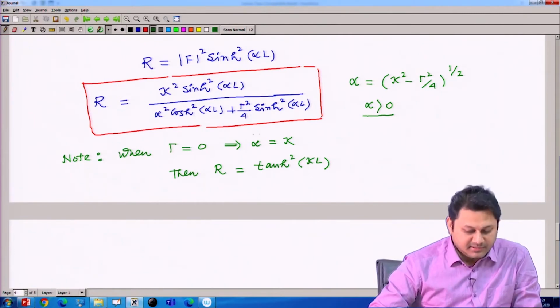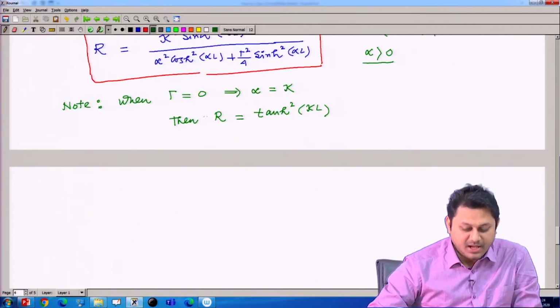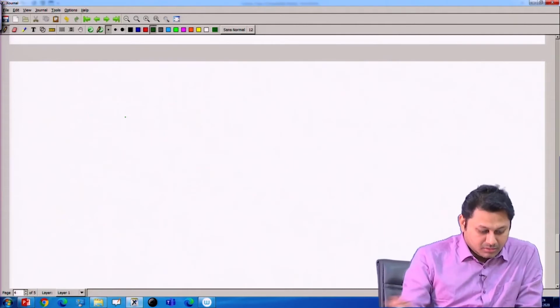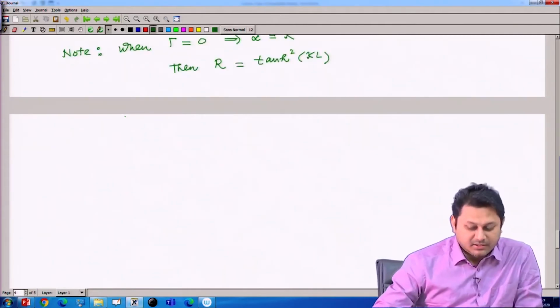Here this is a general expression. In this general expression, when you put gamma equal to 0, the second term in the denominator will not be there, and alpha will be replaced by kappa as gamma is 0. So eventually we have R equal to tan hyperbolic square kappa L, which is the reflectivity under the Bragg condition.